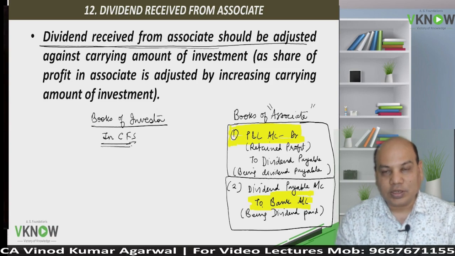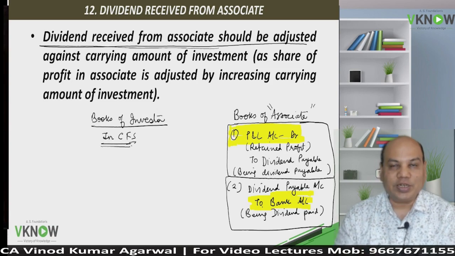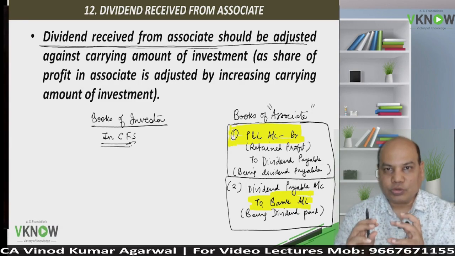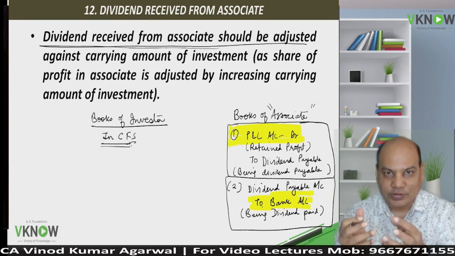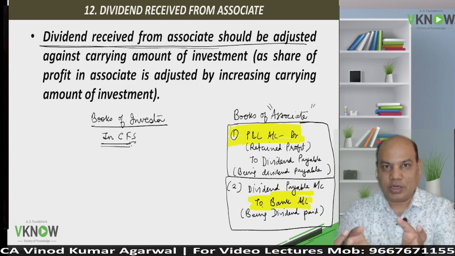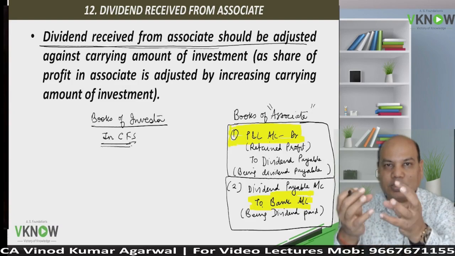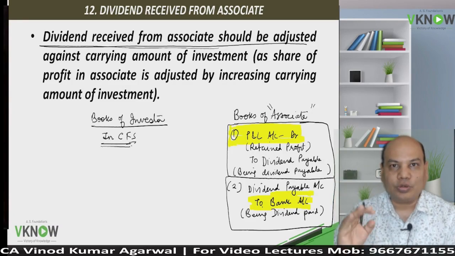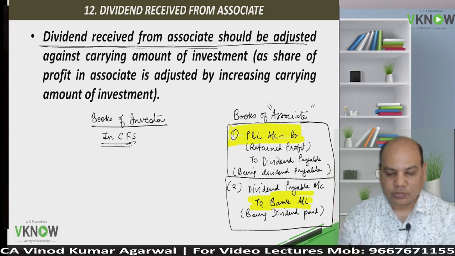So what is the treatment? As we discussed, the basic concept of the standard is when the associate net asset increases, we increase the carrying amount of investment, and therefore when the net asset decreases, we will reduce the carrying amount of investment in the books of investor.